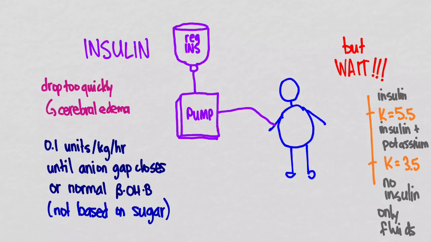Now you're going to have to keep checking these potassiums every hour because it's going to drop. And once you get below 5.5, now you're going to supplement the potassium so that we don't drop it too far. If it is below 3.5, then you want to give no insulin, just fluids. So we cannot start this insulin until we know what the potassium is.